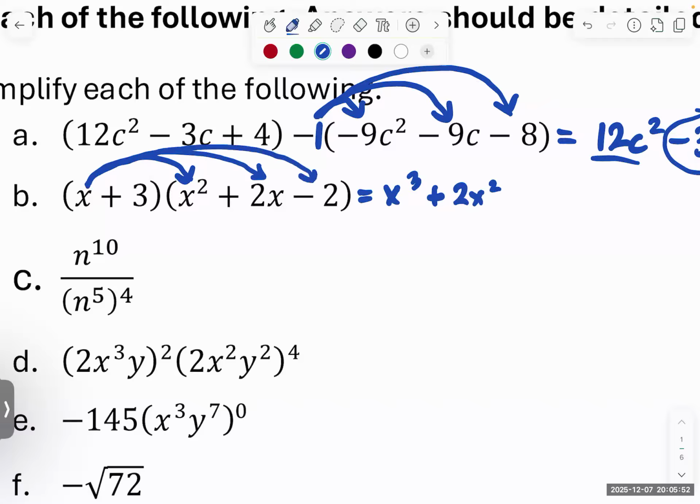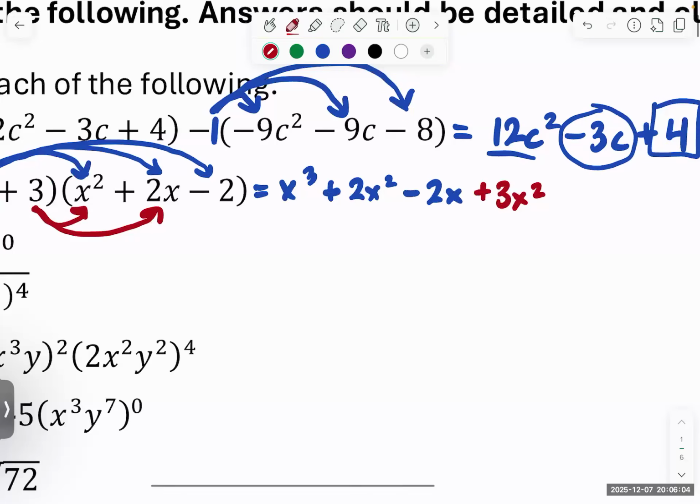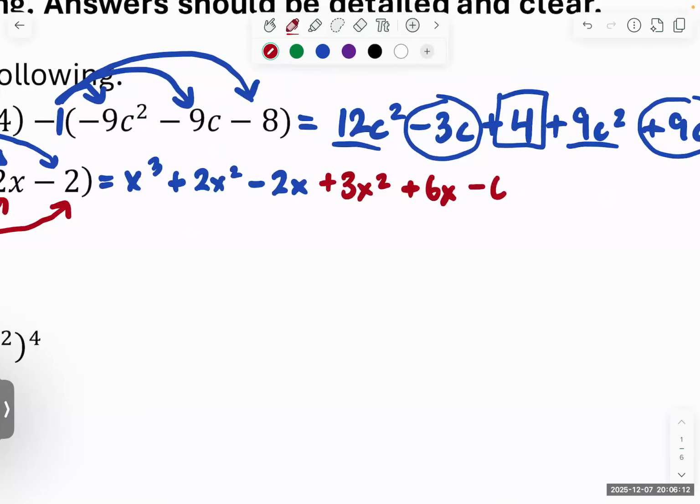X times -2 is minus 2x. And now 3 times x squared is plus 3x squared. 3 times 2x is plus 6x. And 3 times -2 is -6.